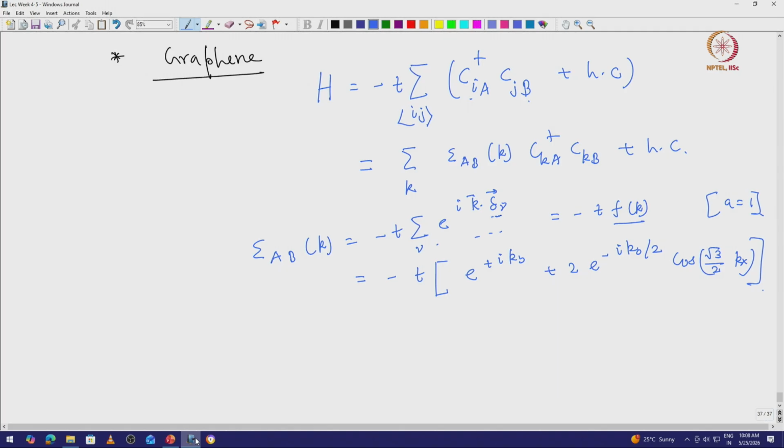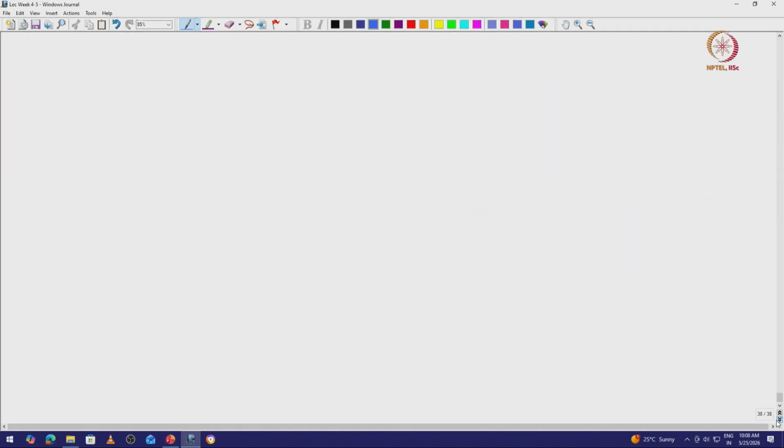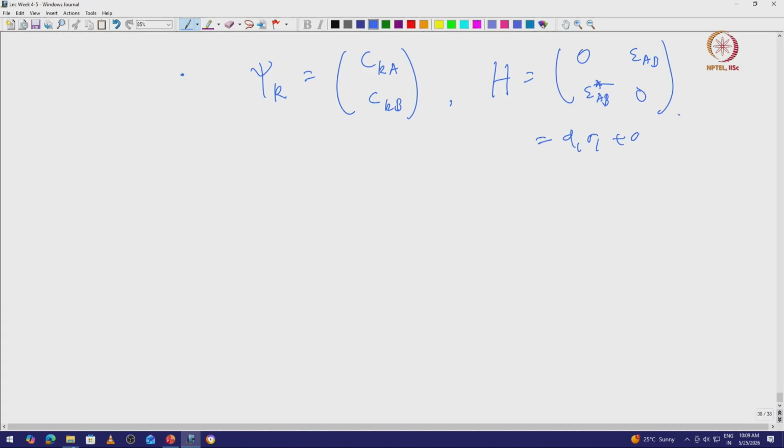All right, and now to represent this Hamiltonian in matrix form, we take this as a spinor. Then the Hamiltonian is written in this spinor basis. This is our standard notation.